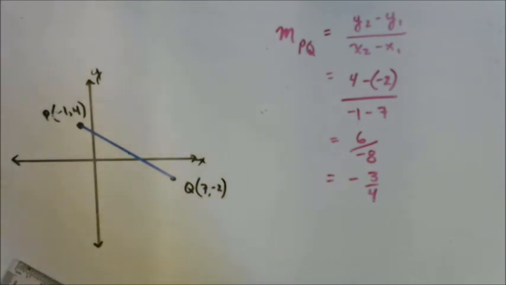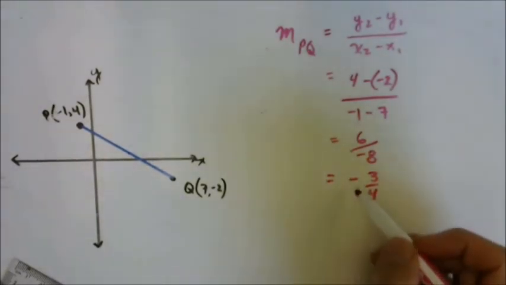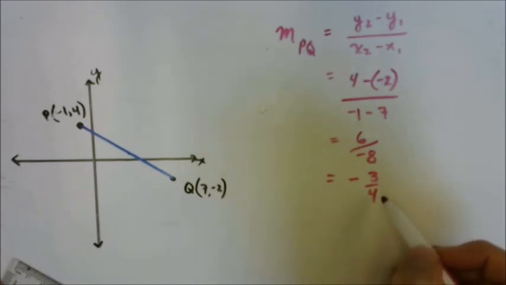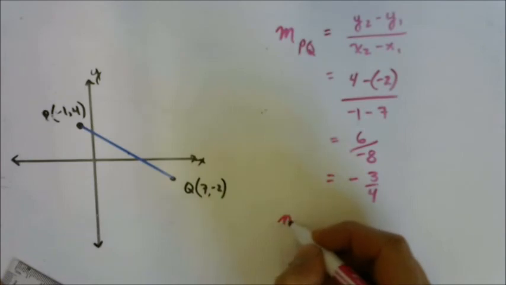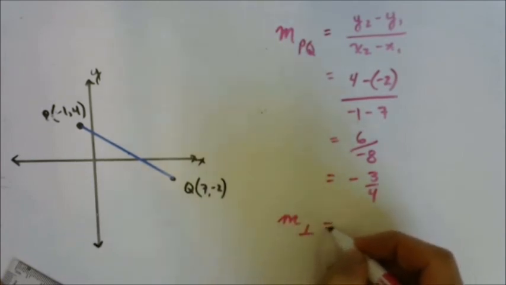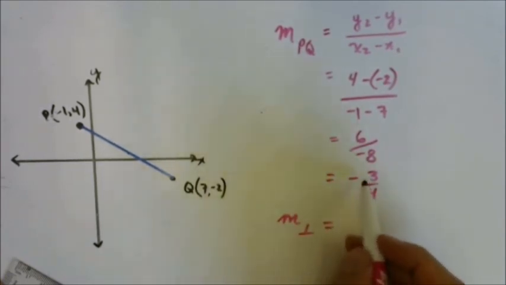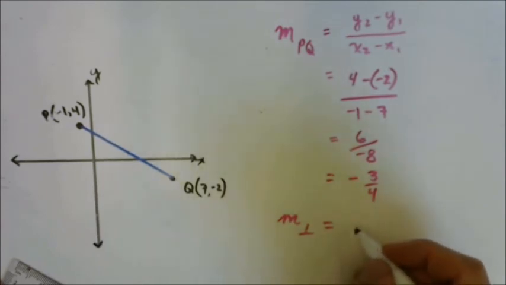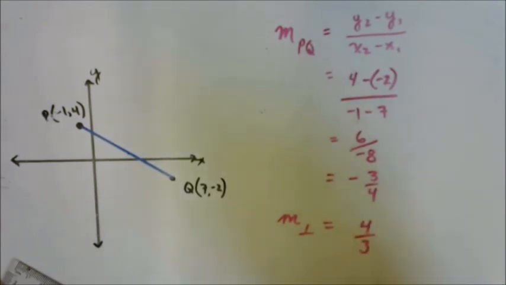Now, perpendicular lines have a slope that is a negative reciprocal of each other. Negative just means we're going to swap the sign, and reciprocal means the numerator and the denominator are going to swap places. So the slope of any line that is perpendicular to this slope is simply positive 4 over 3.